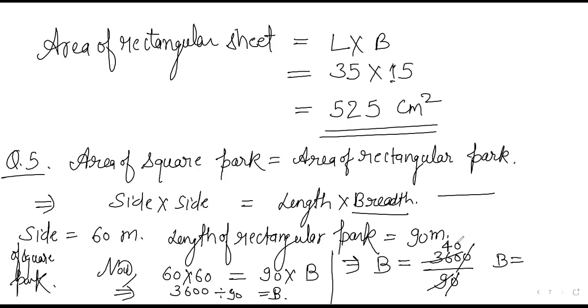B is 40 meters. That means the breadth of the rectangular park is 40 meters. This question is very important for your examination purpose.